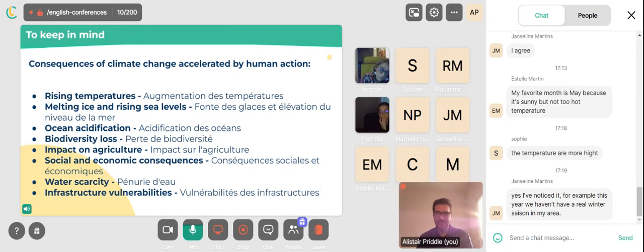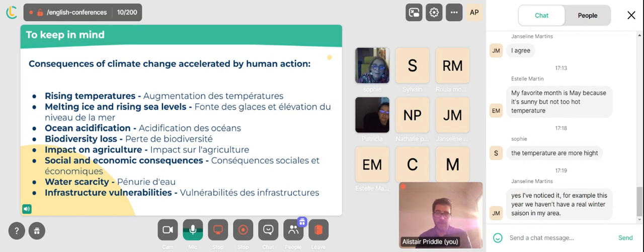Rising temperatures, melting ice and rising sea levels, ocean acidification, biodiversity loss, impact on agriculture, social and economic consequences, water scarcity, and infrastructure vulnerabilities.